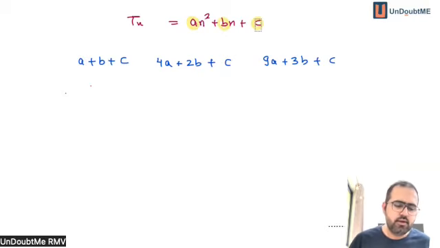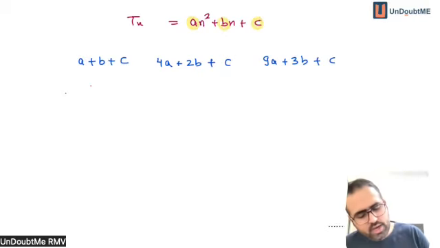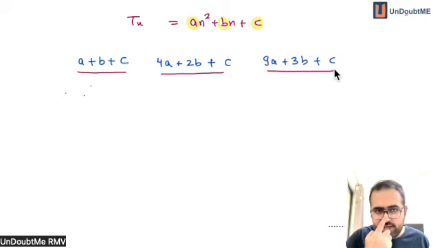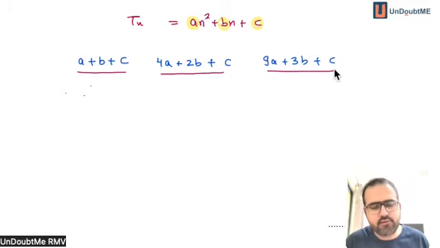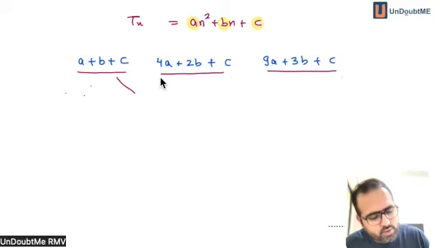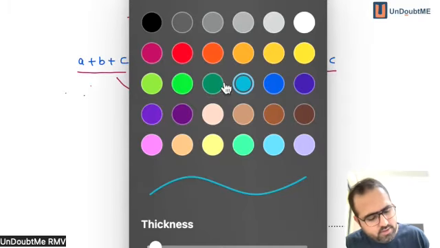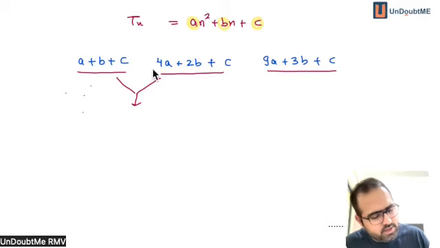So what I'll do is take the first difference from the terms. Like this is the first term, second term, and the third term. I'll take the difference of two terms and write it down over here. After taking the difference, what am I getting? 3a plus b.